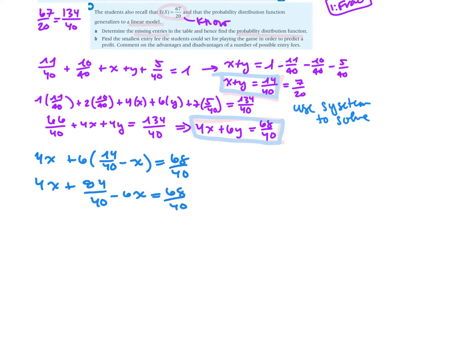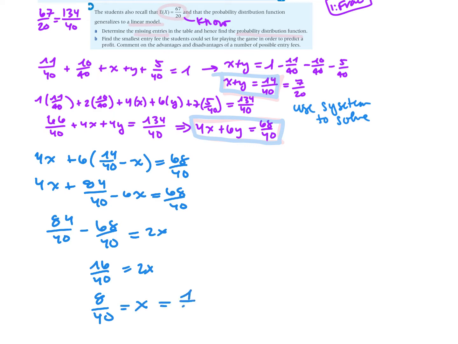If you're rounding, remember that you might have rounded once or twice or 3 times, so just be mindful if you're rounding with a decimal. Because I'm going to move x's to one side, so that's 68/40 equals 2x. 16/40 equals 2x. You get 8/40, or 1/5. Oops, not 1/50.